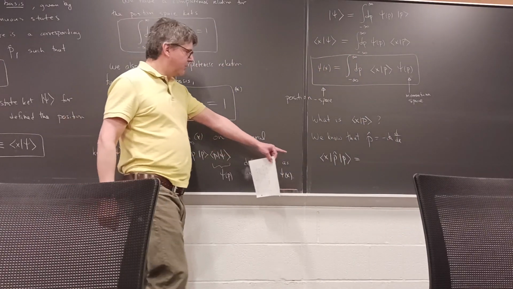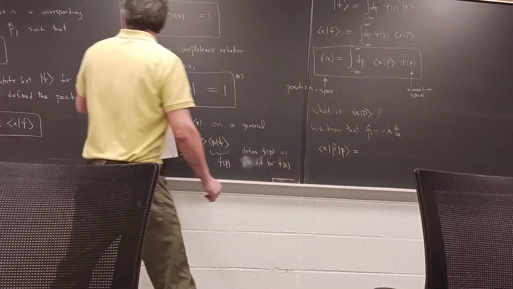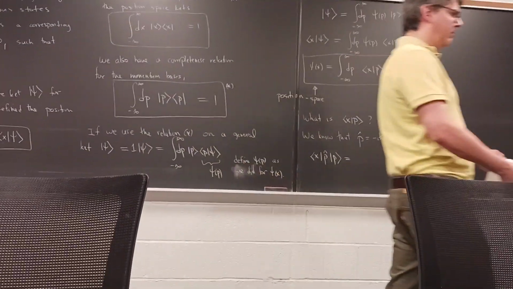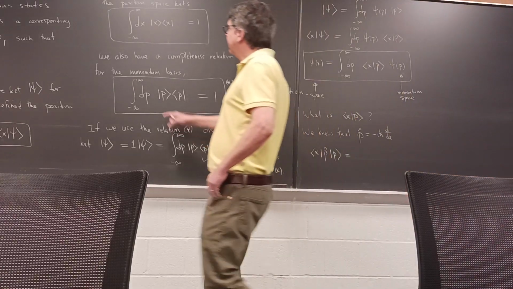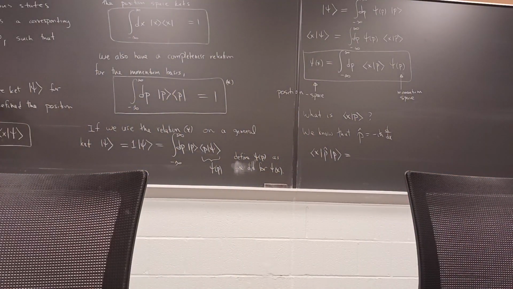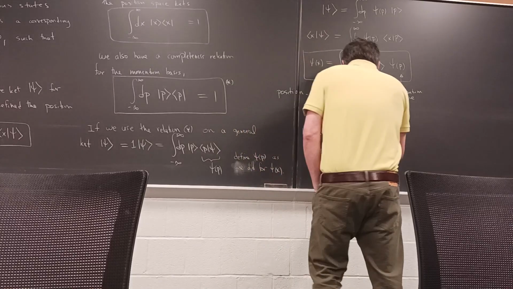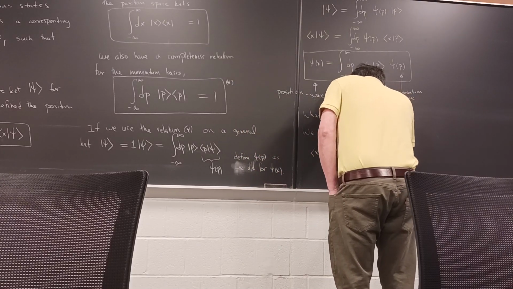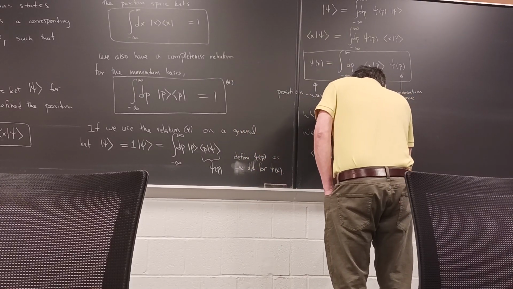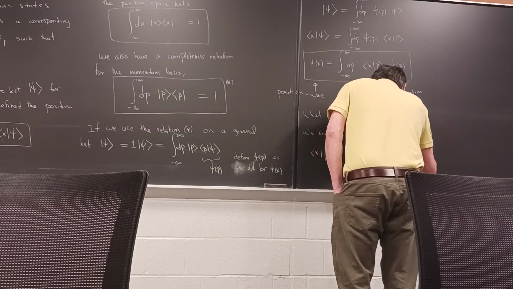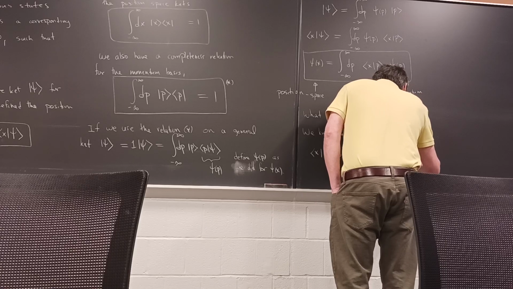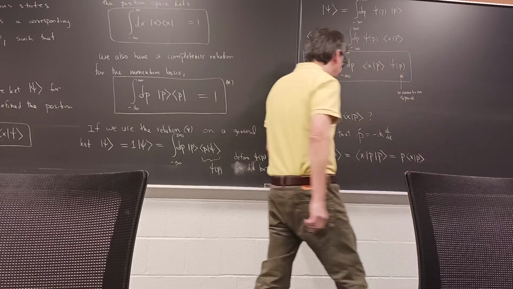Well, I can either use my relationship here, where this p hat operator will just bring out a p. So I can write this as p, the momentum of the state, brought right out, times <x|p>.